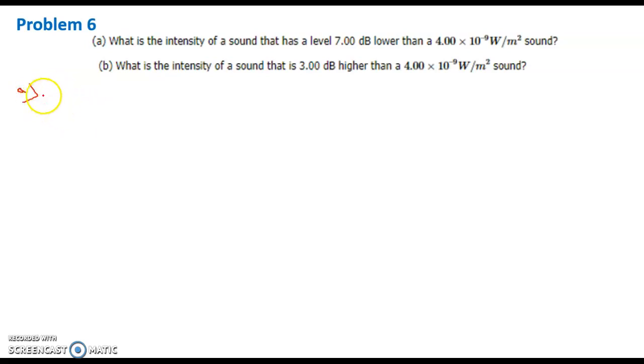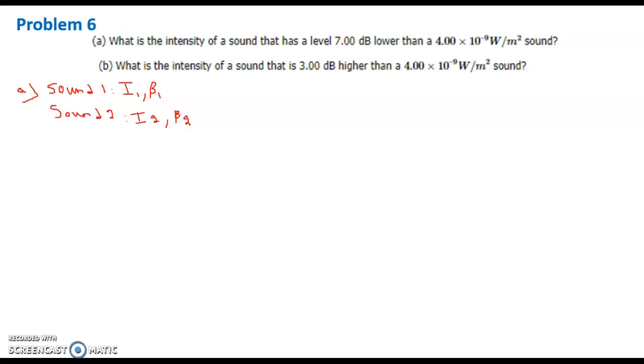So we are given that sound 1 has, let's call its intensity I1 and its decibel level beta 1. Sound 2 has intensity called I2 and its decibel level is called beta 2.